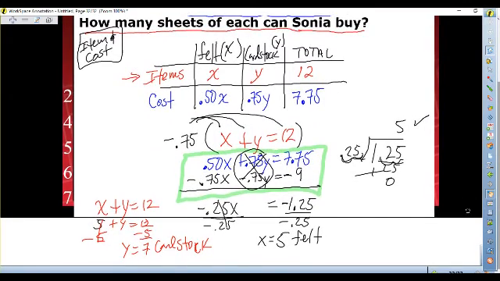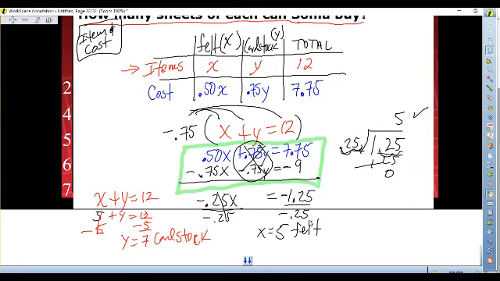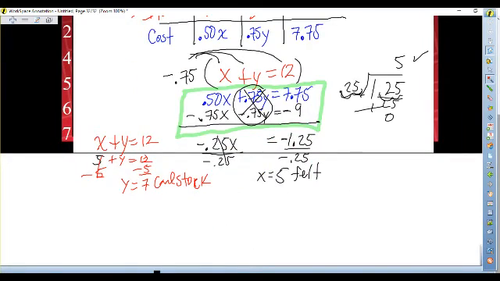So now, since we have to answer the question, what is the question? How many sheets of each can Sonia buy? So let's write our statement.